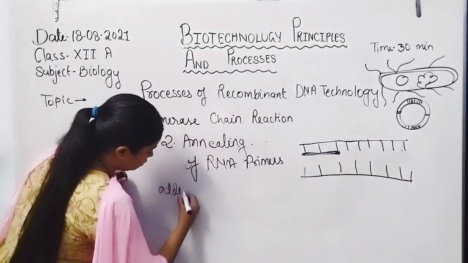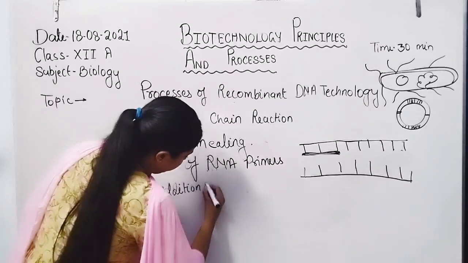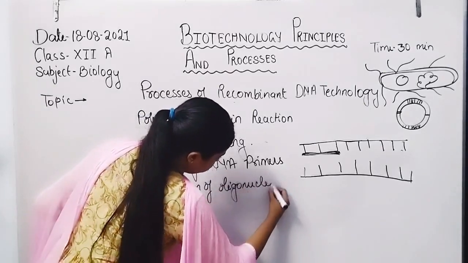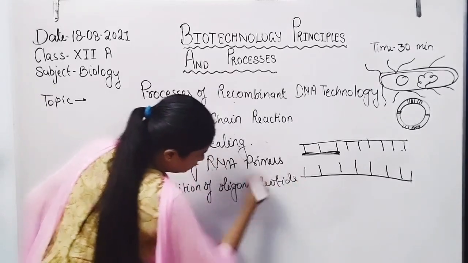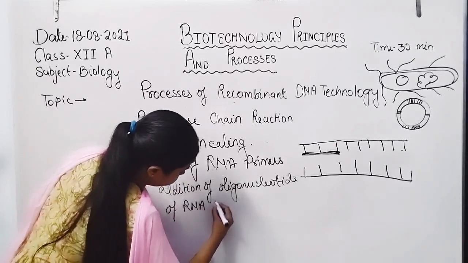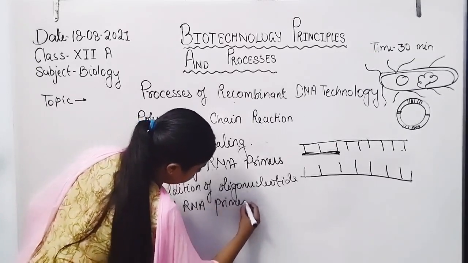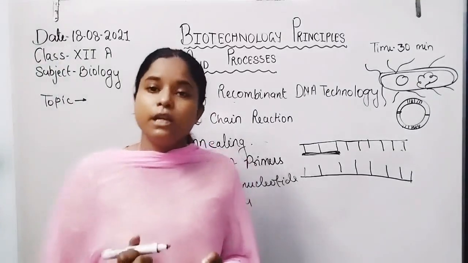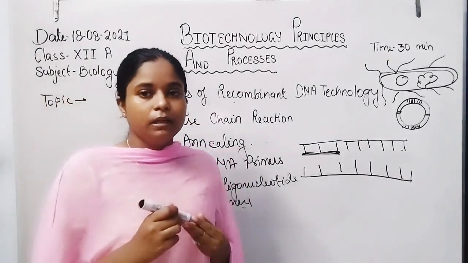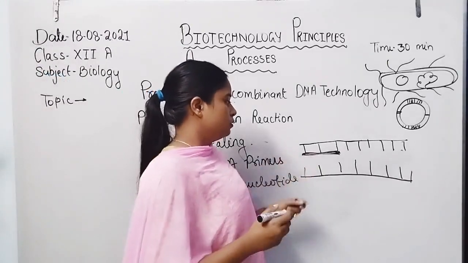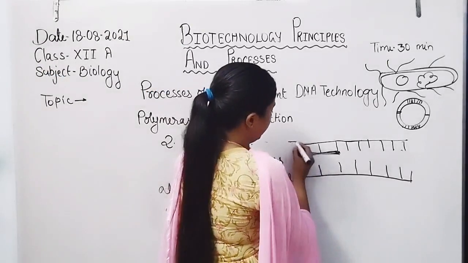The RNA primers, which are formed by about 8 to 10 nucleotides, get added at the region here, at the 3 prime.